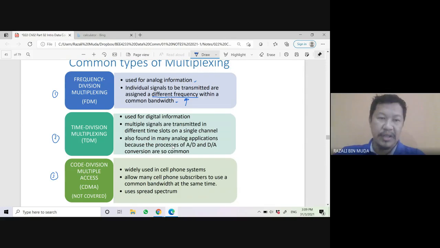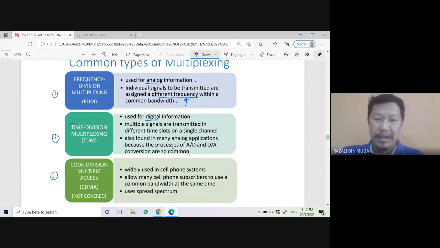The second is TDM, time division multiplexing. Now you have time here. It is used for digital information. This time, this is digital; frequency is for analog. So time division is for digital information.